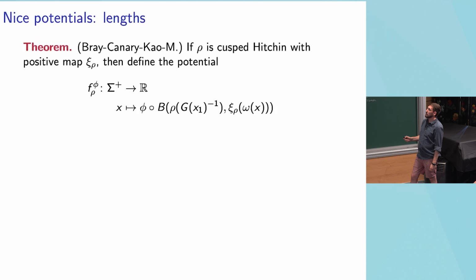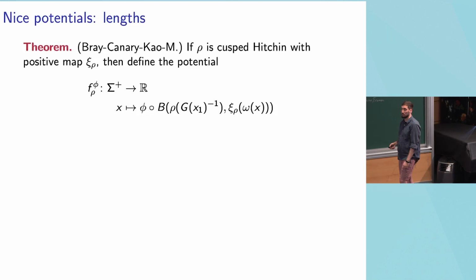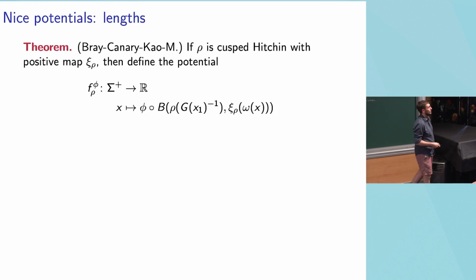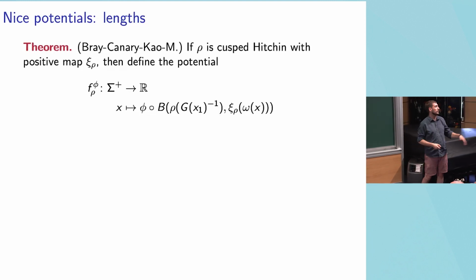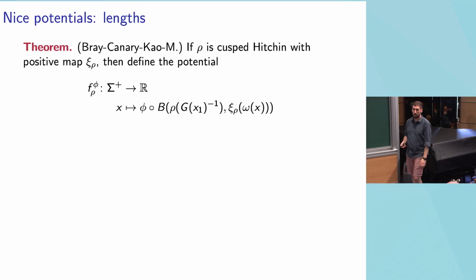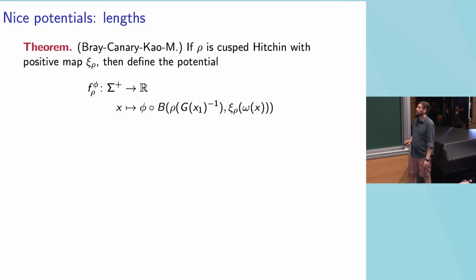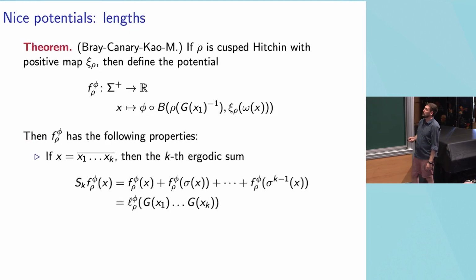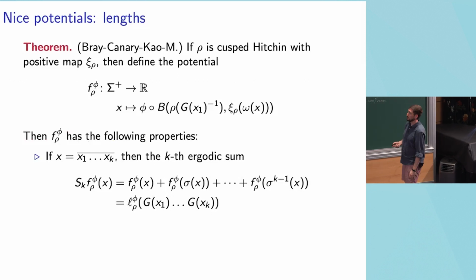And then this x gives me a point at the boundary of H2, so I can apply xi rho to that. So I take something in C+, I get a group element and then a flag, I apply Iwasawa, and then I apply phi. So this is why you needed this to be locally Holder continuous. Yeah, locally Holder continuous everywhere, because otherwise you couldn't do thermodynamic formalism. Yeah. And this does exactly what we wanted to do.